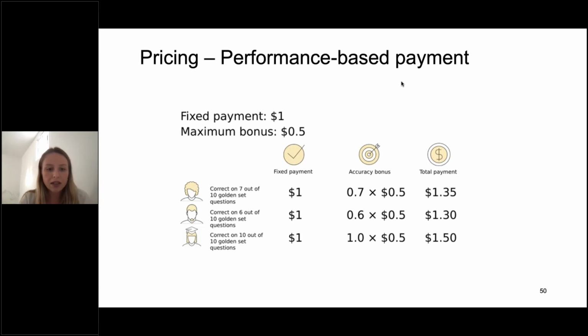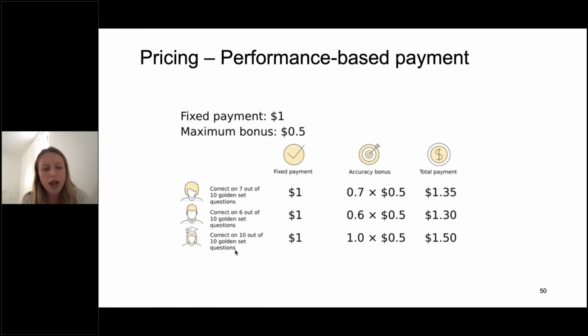So in this case, normally everybody is paid $1. But if they are scoring very well on our control tasks, for example, they did 6 of them well out of 10, they should get 30 cents more. If they've done 7 control tasks out of 10, they should have an increase of 35. And if they are doing everything perfectly, they should even have a bigger bonus.